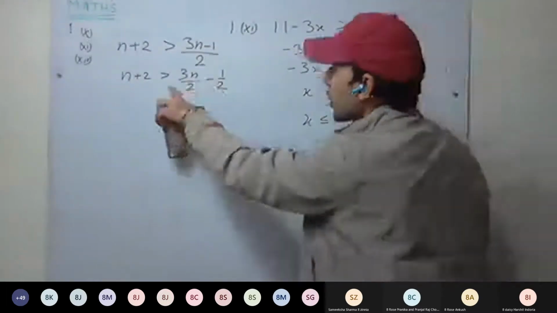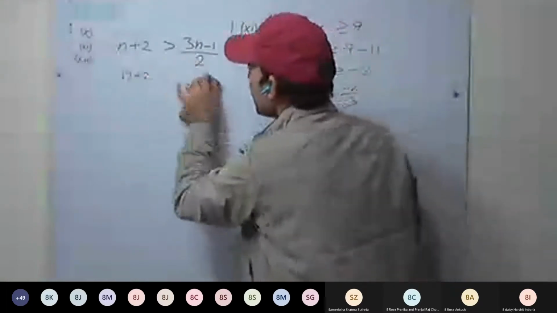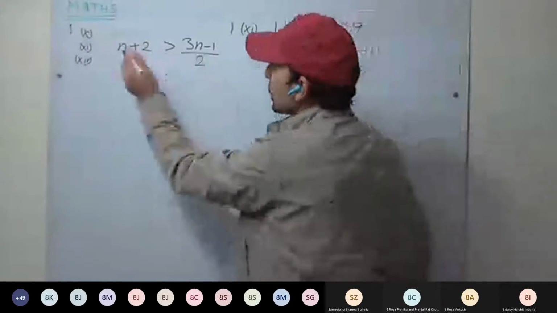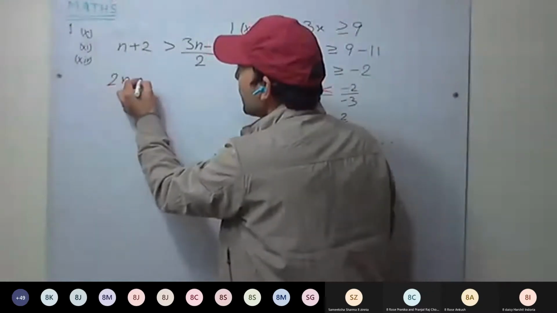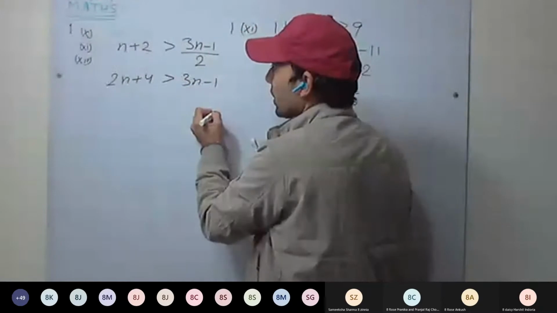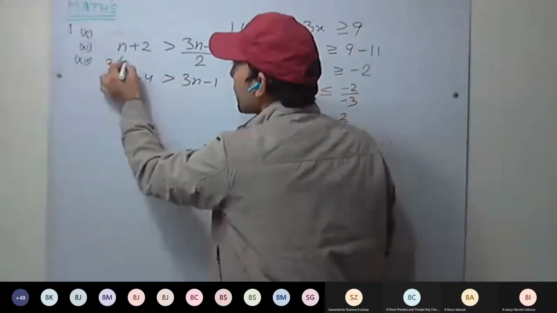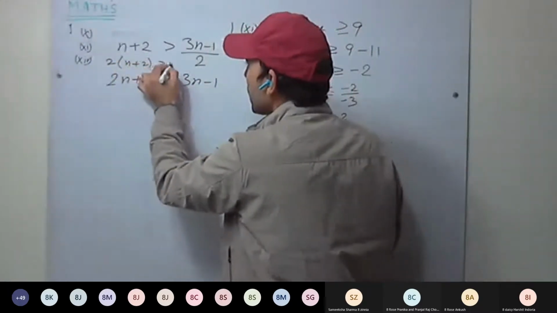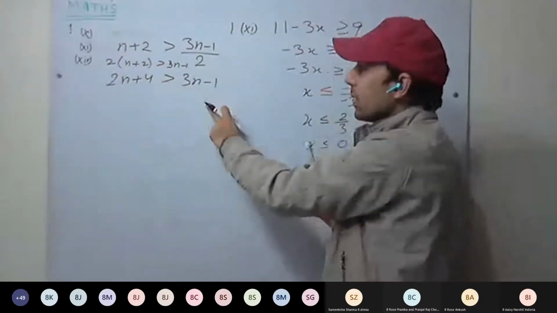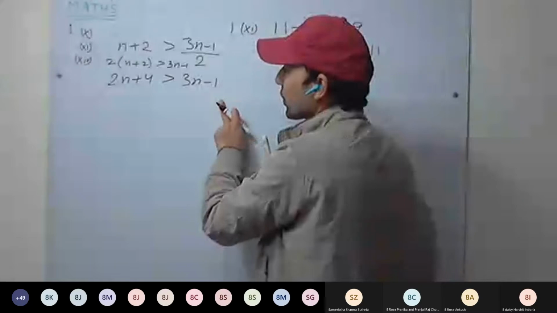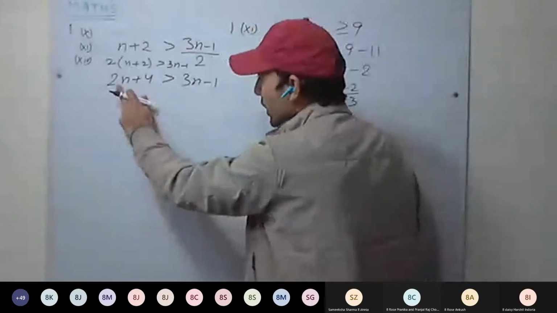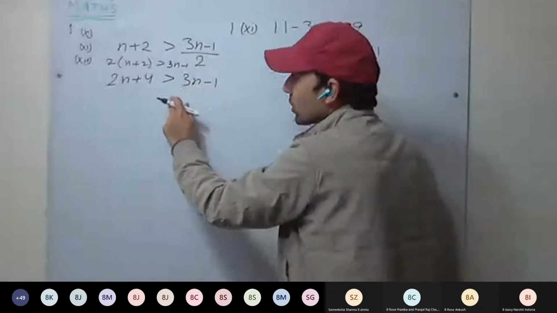You can either solve like this or you can multiply both sides by 2. So it will be how much? 2n plus 4 greater than 3n minus 1. What you have done is just multiplied with 2. Now n on one side, numbers on the other side. Either you can take 2n this side or 3n that side.